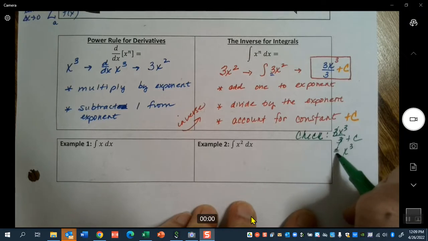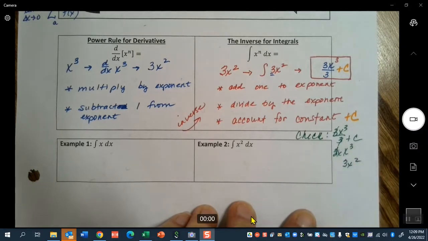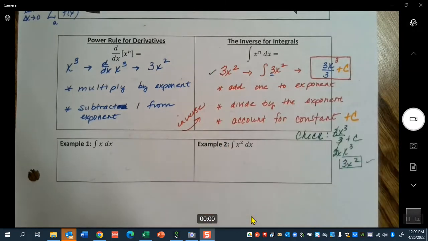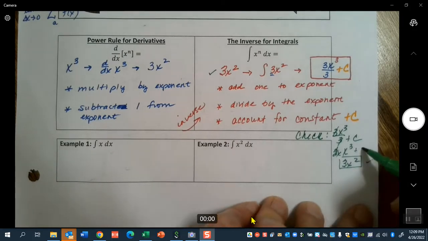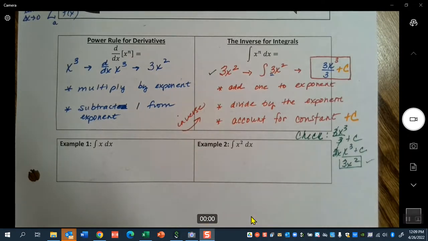The derivative of this is going to be 3x to one less power. Because this derivative value checks over there, I know that I did my work right. This plus c, of course, goes to 0. I don't need to worry about that, because the derivative of c is 0. So I ended up with my original. Everything's fine.